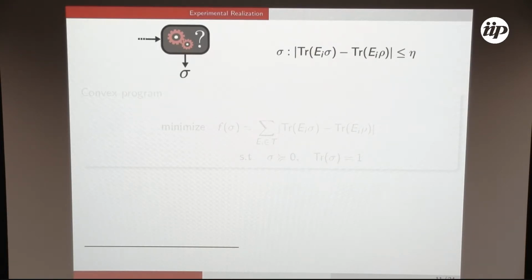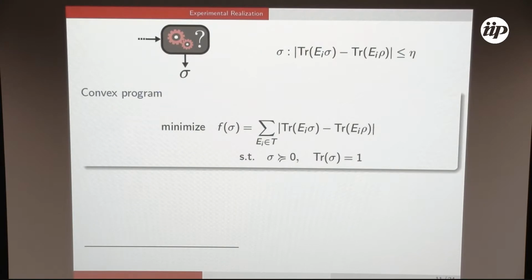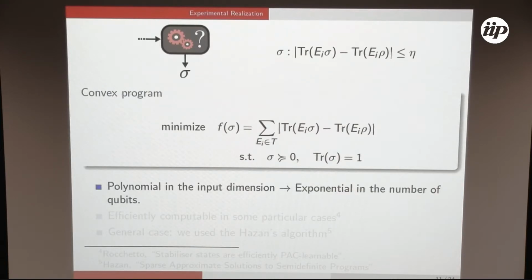And we can compute the sigma with a convex program, which, as we know, is polynomial in the input size. So it is efficient, but in the input size. So it's not in the number of qubits, since the dimension is exponential in the number of qubits.